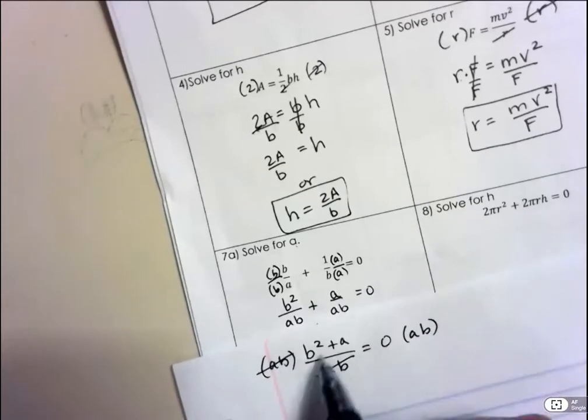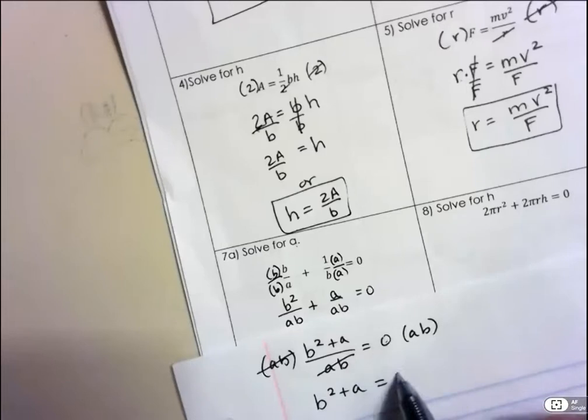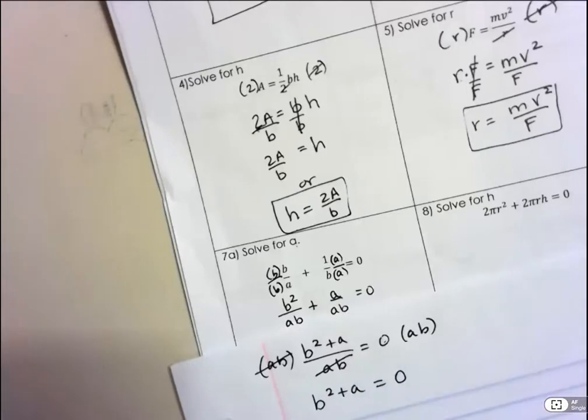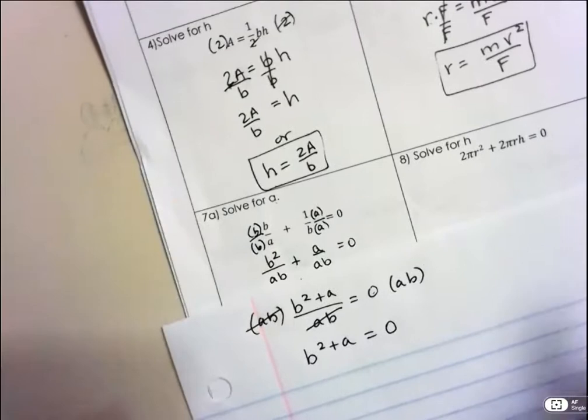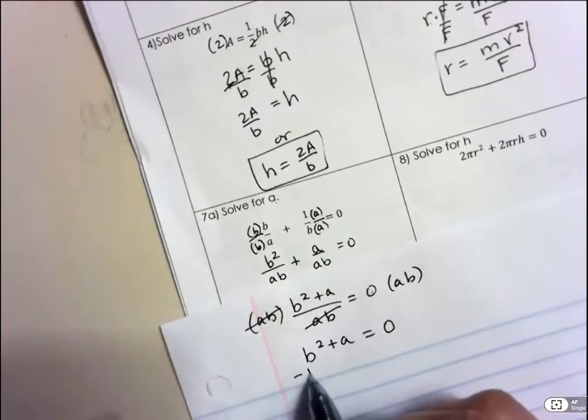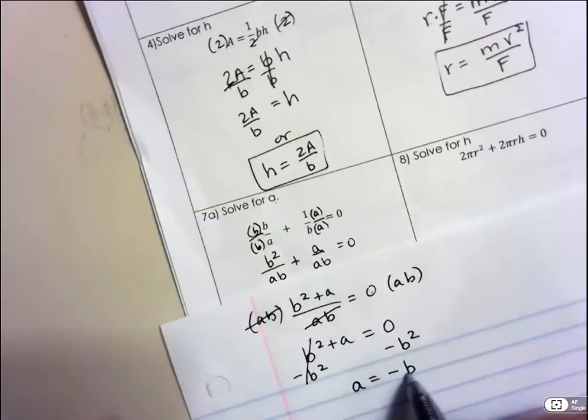And so we have b squared plus a equals, well, anything times 0 is going to be 0. And we were solving for a. This is the only term with a, so we're going to subtract b squared. So then a equals negative b squared.